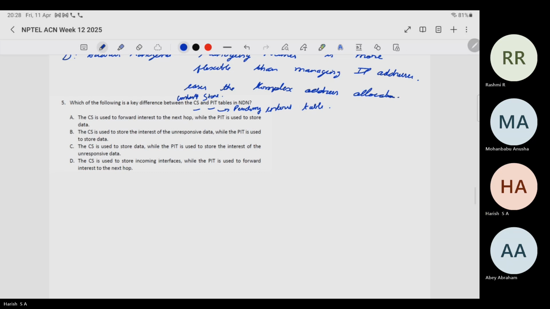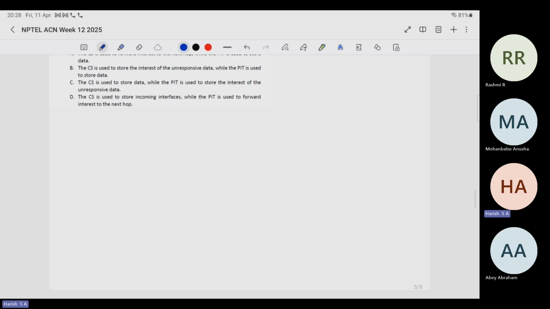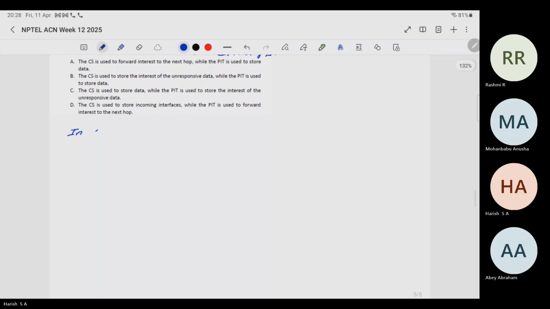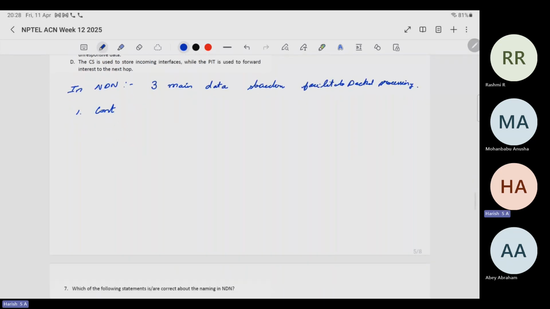In NDN, we have content store, and these are the three data structures that facilitate packet processing.